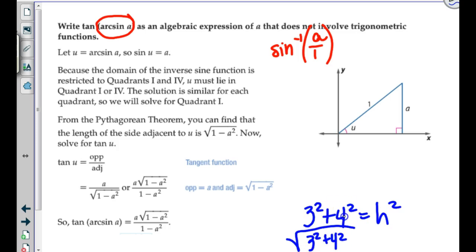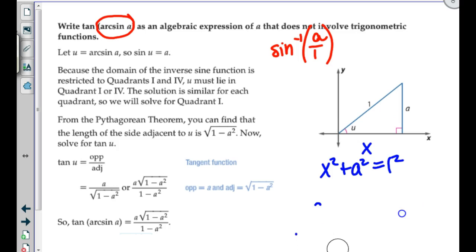Can't just get rid of the square roots. So the same thing is true here. I'm trying to find this side. I'm just going to call it, should I call it x? Okay. So x squared plus a squared equals 1 squared. And I'm trying to solve for x. How am I going to get x by itself? Subtract a squared.